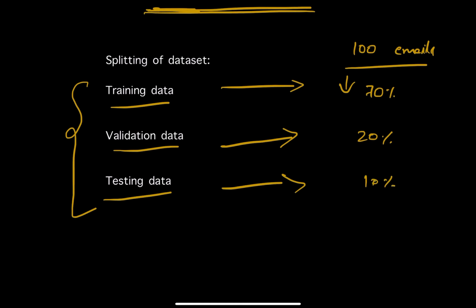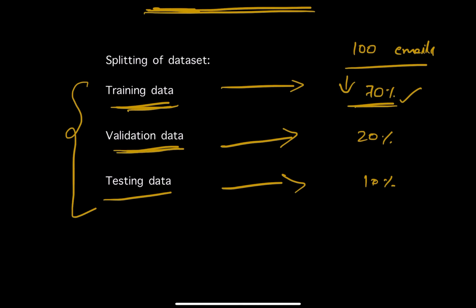That means first we will give 70 emails to the machine learning model, and from those emails the model will learn on what basis the emails are marked as spam and on what basis the emails are marked as not spam. That is training data. The model is getting trained based on this 70% of emails. That is 70 emails if we take 100 emails, right?